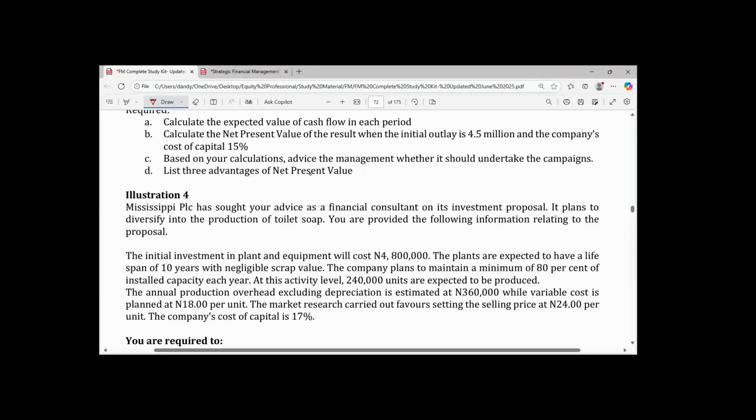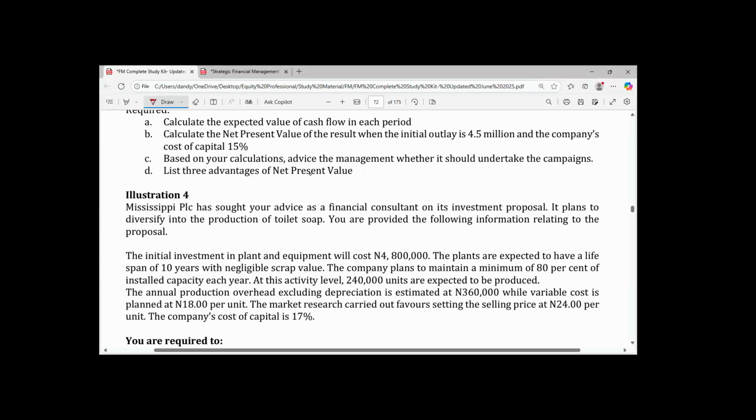I explained that sensitivity analysis measures the tolerable extent to which a project NPV can accommodate any change in variable. Okay? And then I listed the kind of variables that we are talking about, including the initial outlay, variable costs, incremental or specific fixed costs.